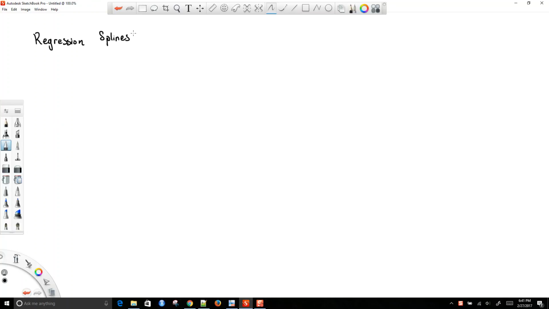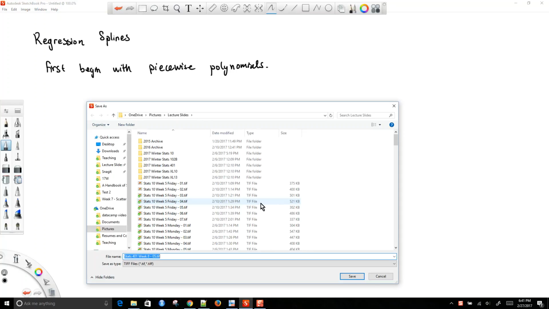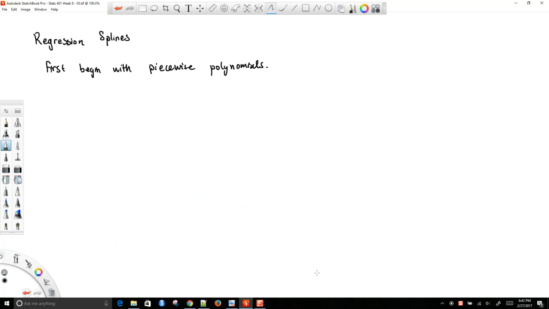Okay, so when we talk about regression splines, I think it makes sense to first begin with the idea of piecewise polynomials. Okay, so you can imagine fitting a bunch of piecewise cubic polynomials.